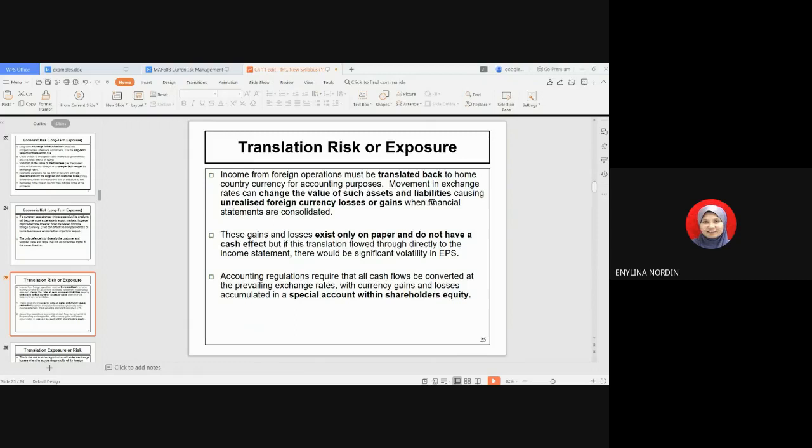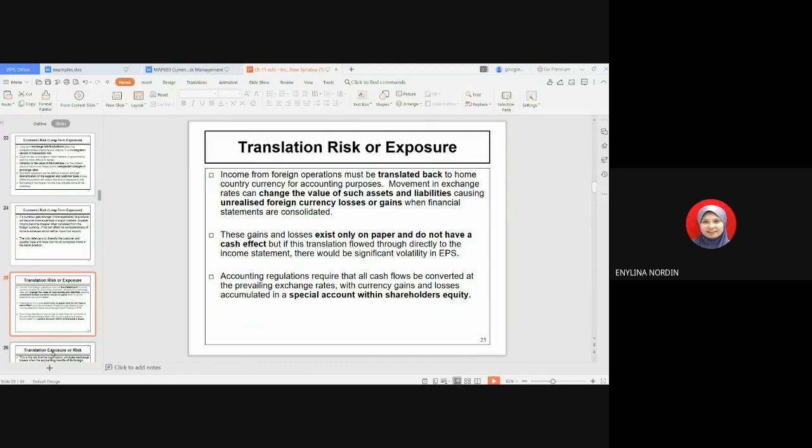And the movement in exchange rate can change the value of assets and liabilities, right? So, it causes unrealized foreign currency losses or gains when the financial statements are consolidated. So that means the translation is subject to the consolidation of the accounting information.